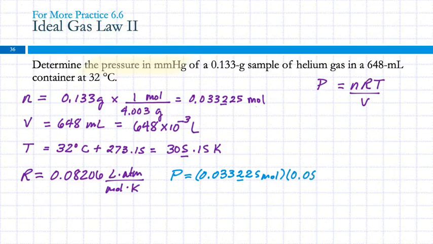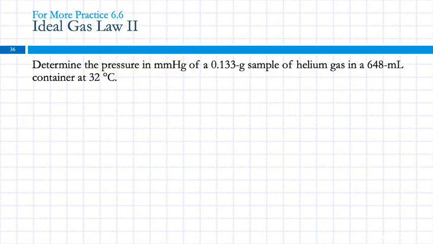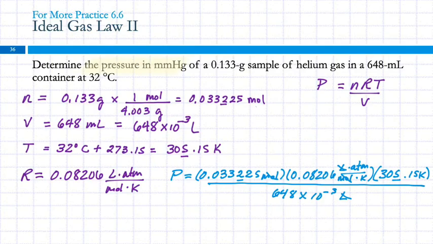Ideal gas constant 0.08206 liter atmospheres per mole Kelvin times the temperature 305.15 Kelvin. That whole business divided by the volume. I check my units: moles cancel, liters cancel, and kelvins cancel.